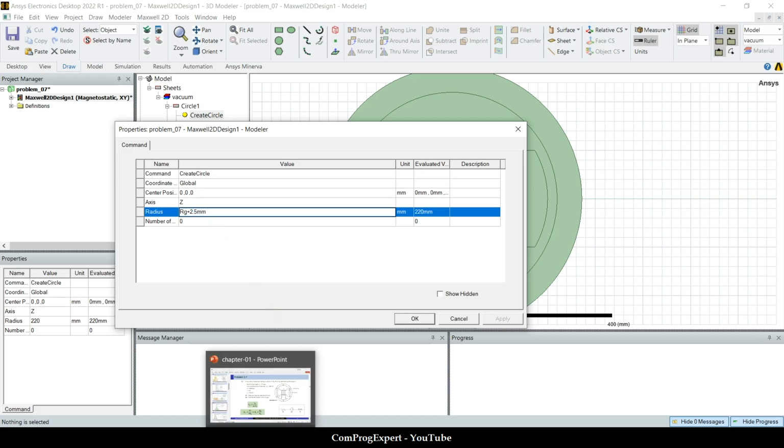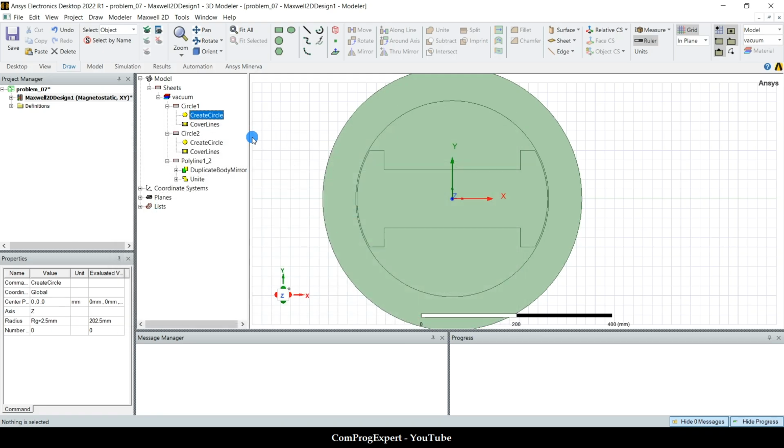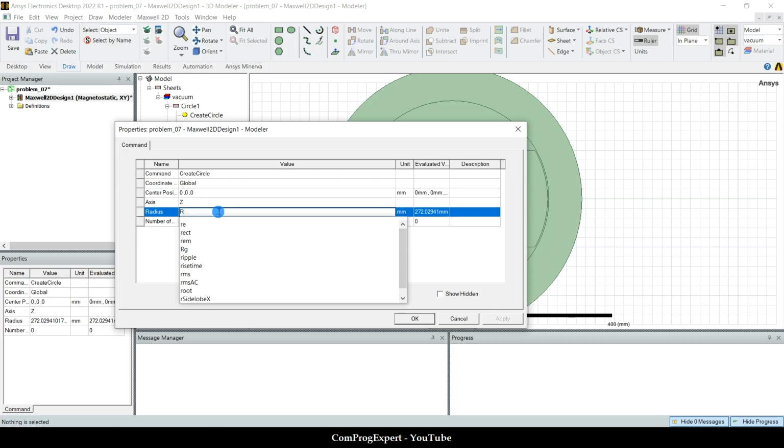This is the air gap length. We need to add up this. For this circle it is r gap plus 2.5 millimeter plus a thickness for the back iron. Let's consider it equal to 4 centimeters.